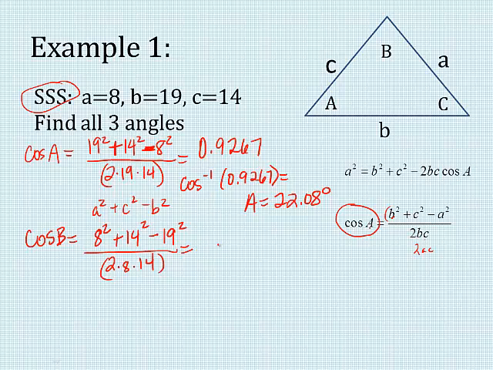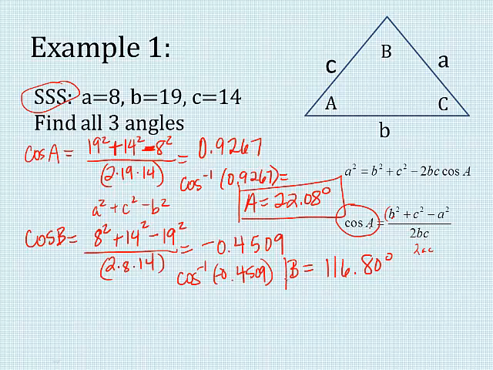Again, type all that in the calculator, and you get negative 0.4509. So I have to do inverse cosine, don't forget this part. And I find out that angle B then is 116.80 degrees.